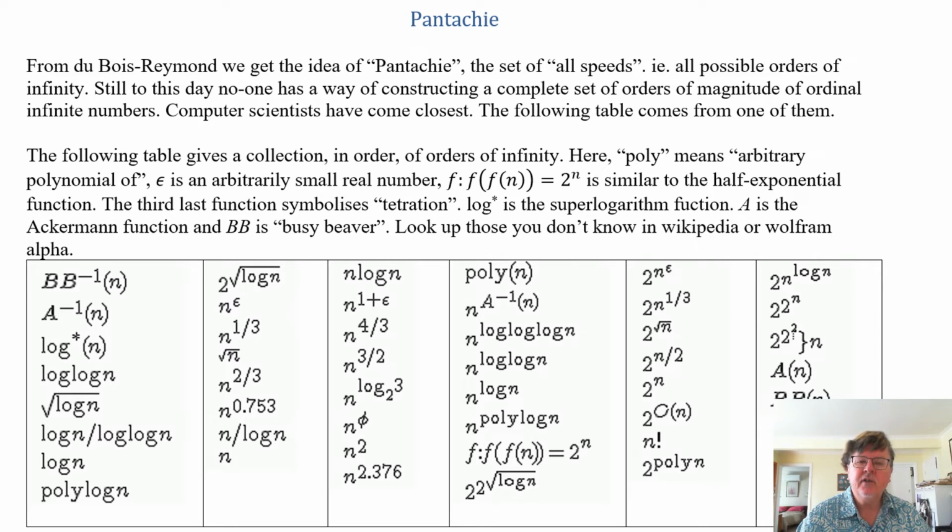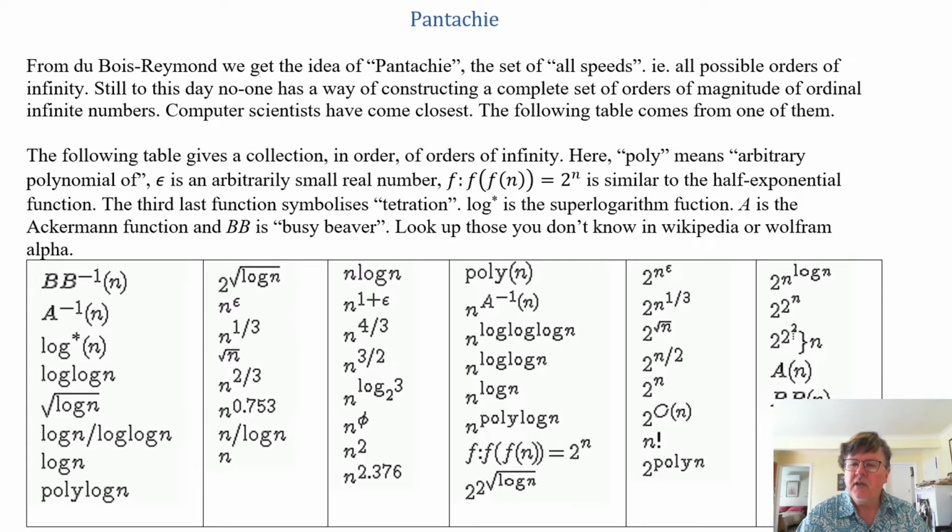The function such that f of n equals 2 to the power n is similar to the half-exponential function that I'll discuss 2 slides from here. The third last function symbolises tetration. Here we go.